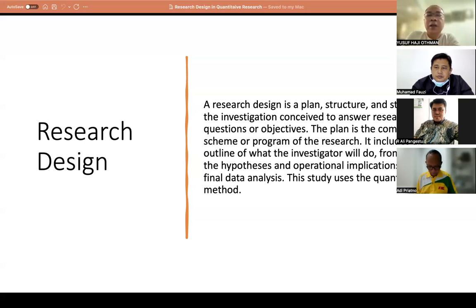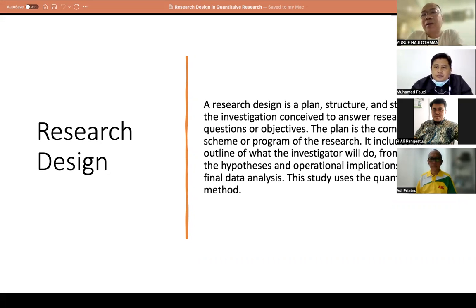Because when we talk about constructs, it is something that is abstract in nature. Abstract means we cannot see. Someone's attitude we cannot see.